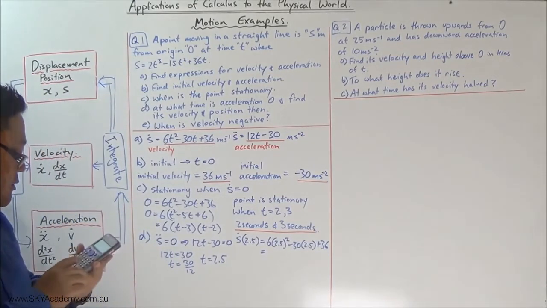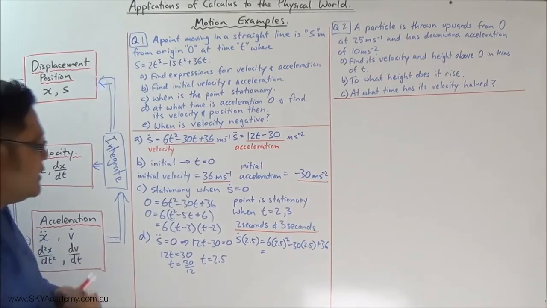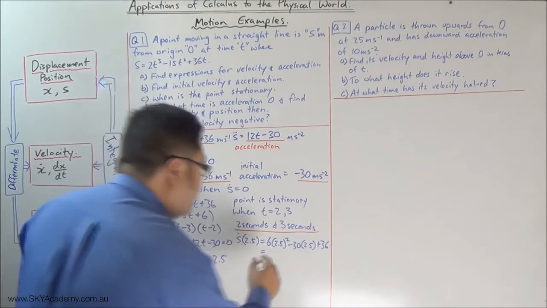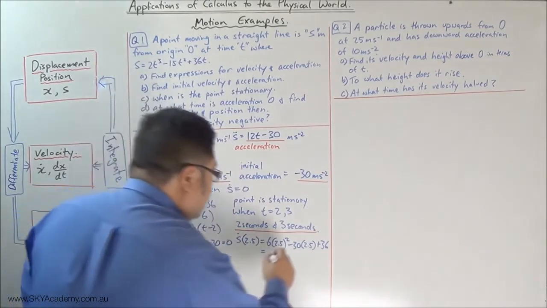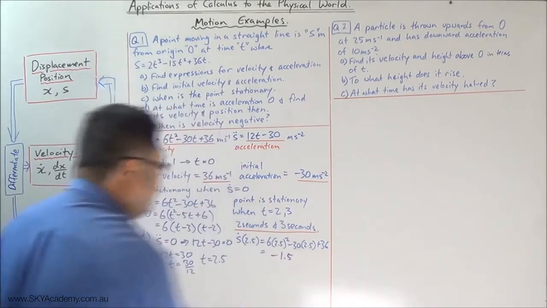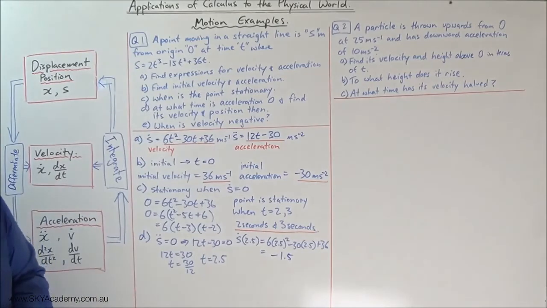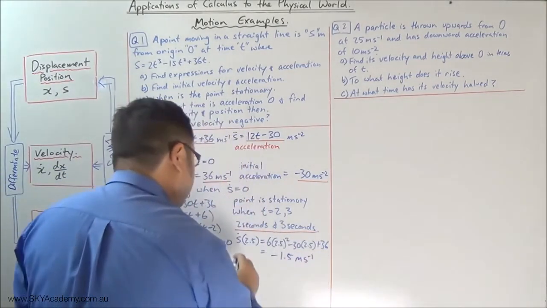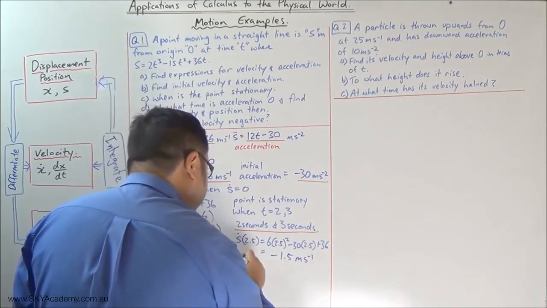I plug that all into the calculator and I get a negative, which is minus 1.5 meters per second.